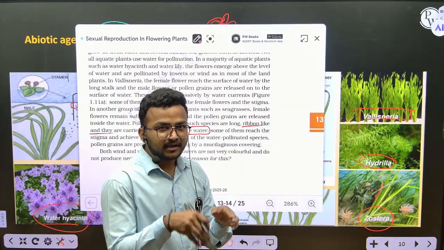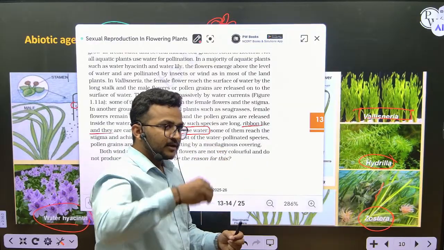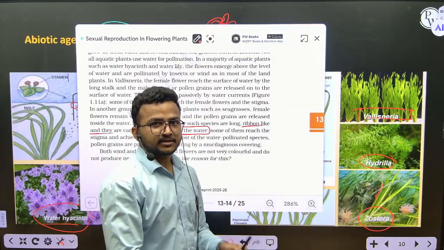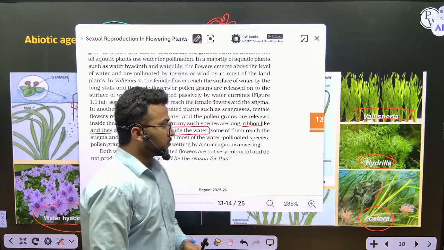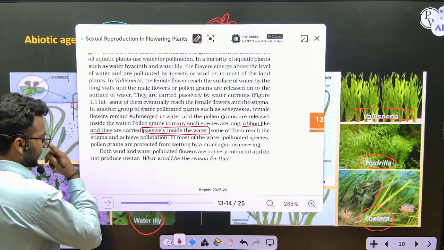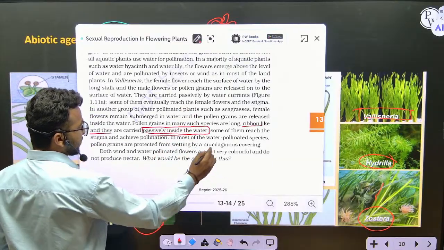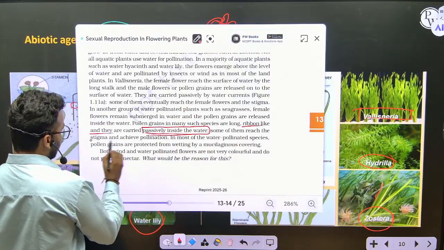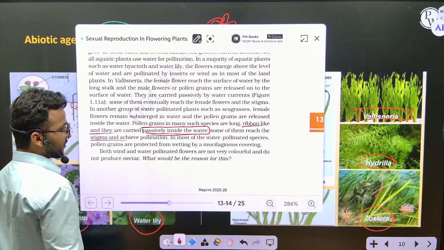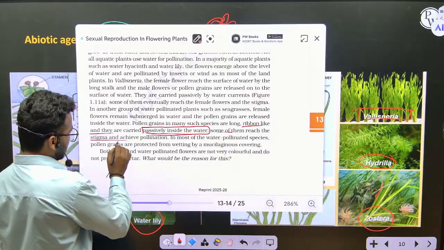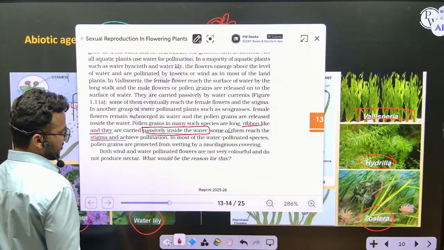They are not carried by anything. Passively means it is working with gravity. If the pollen grains are released, they go down, no? So passively, with the help of gravity, it will be moving. Some of them reach the stigma and achieve pollination. It is also a chance factor here. Some of them may not.